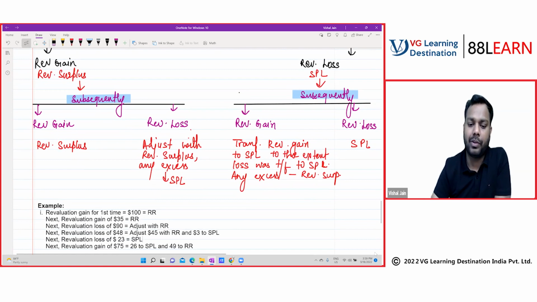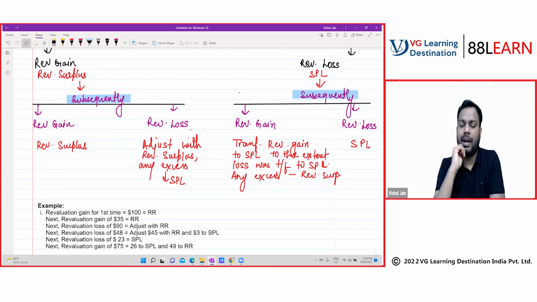Now you can read the example as well. And if you have any queries, do let me know. I'll discuss that query as well. Everyone, tell me, is it clear, everyone?